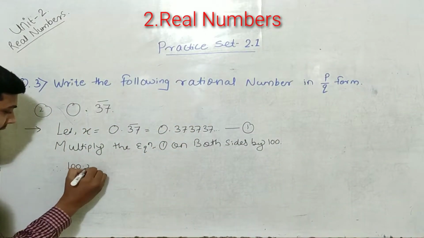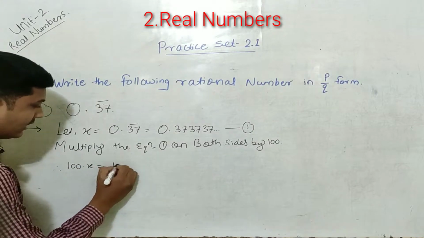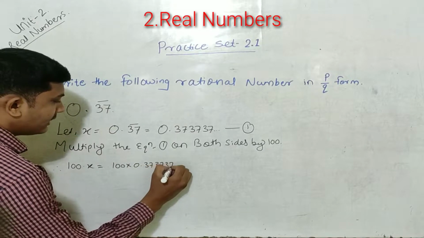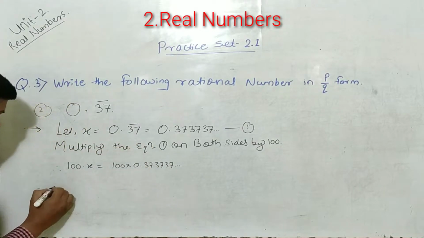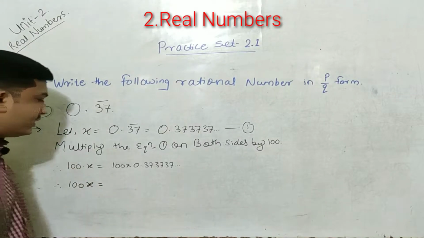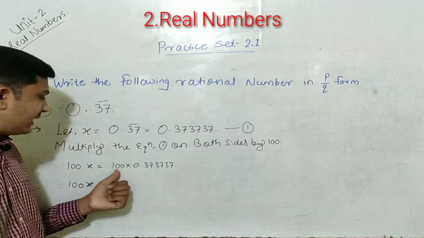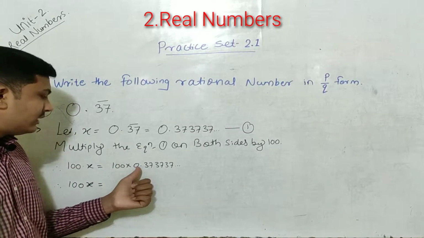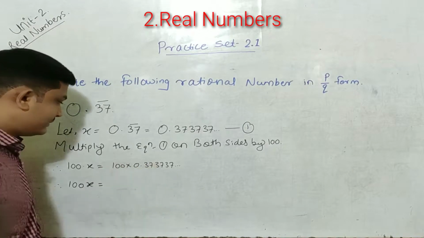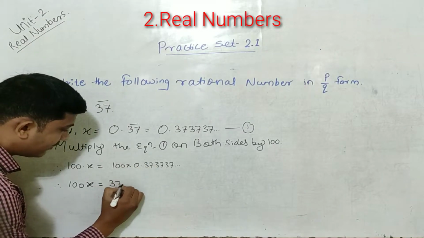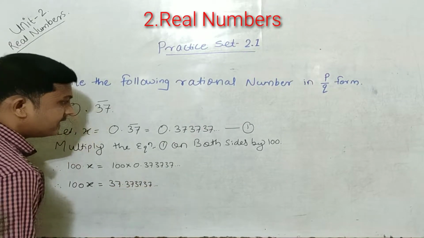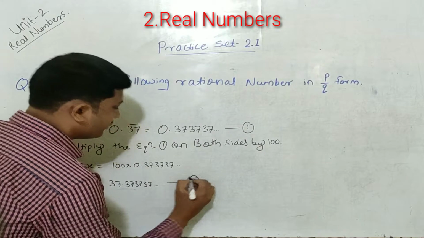Therefore 100 times x is equal to 100 into 0.373737 dot dot dot. So it becomes 100x, which is equal to, if you multiply the decimal number by 100, the digits shift after two places, that is 37.373737. Say it is equation 2.